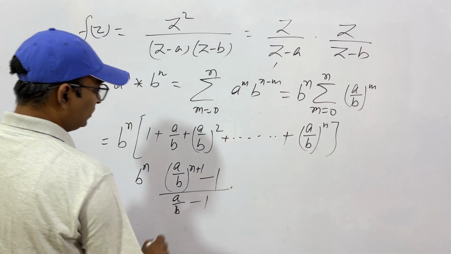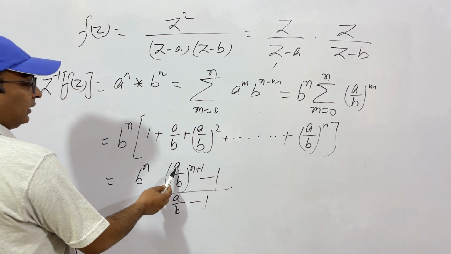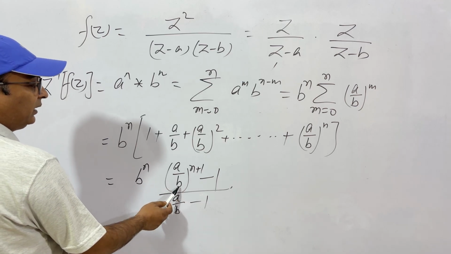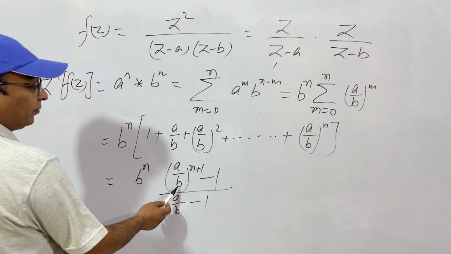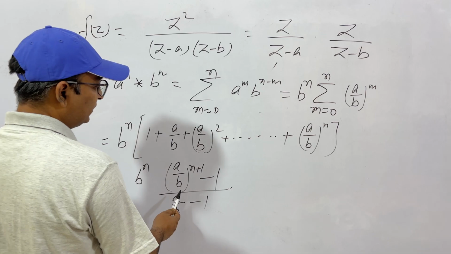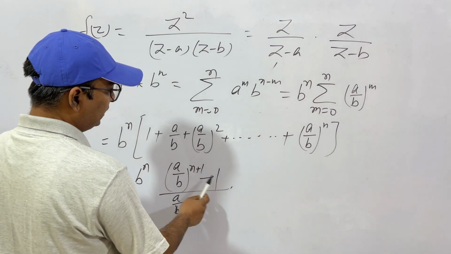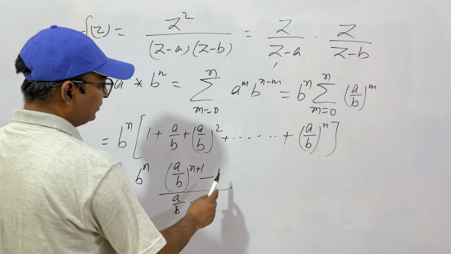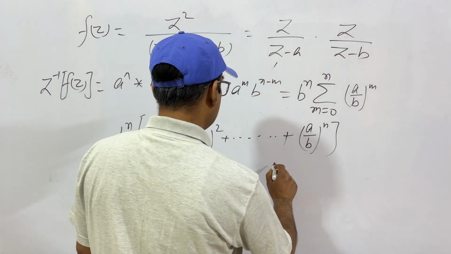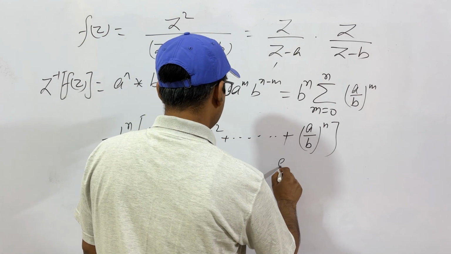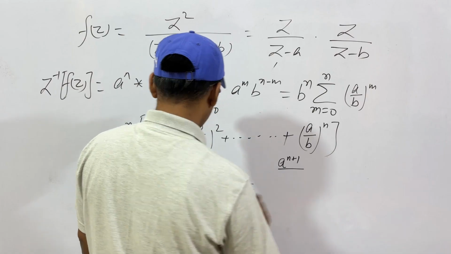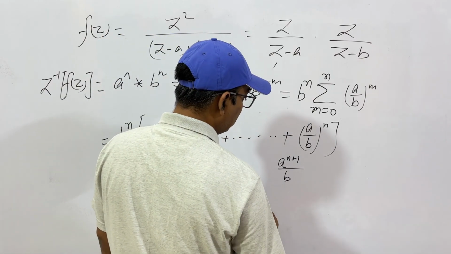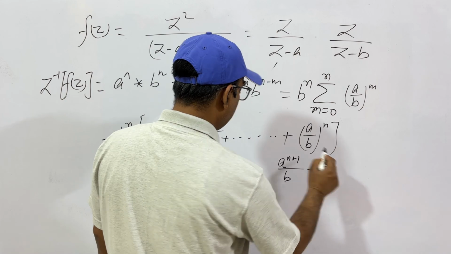So what you get? This is a to the power n plus 1 by b to the power n plus 1. If you multiply, you will get b in the denominator. This is basically a to the power n plus 1 by b to the power n, into b to the power n plus 1, so it is b minus here you'll have b.